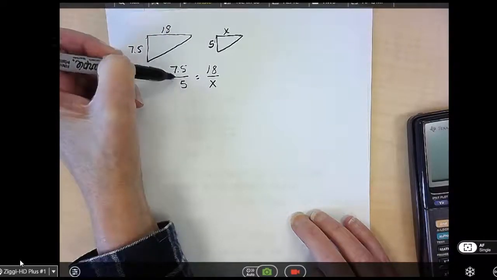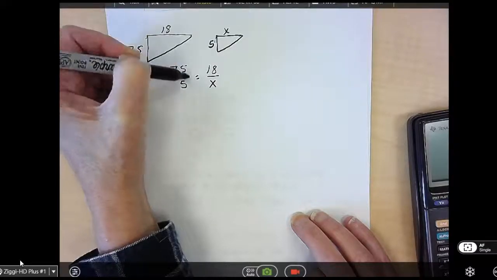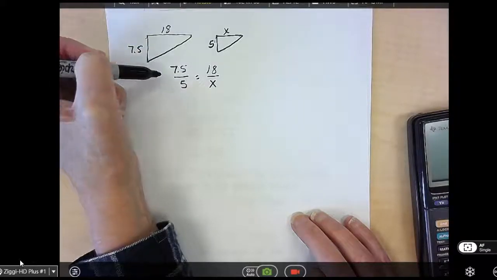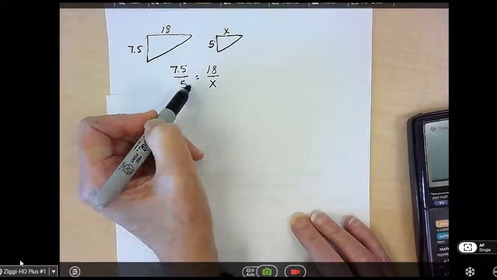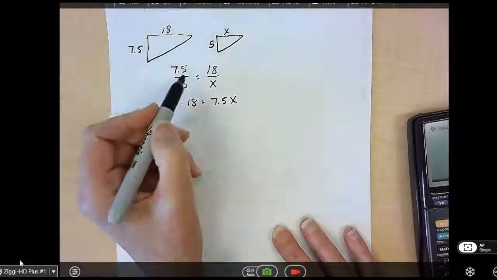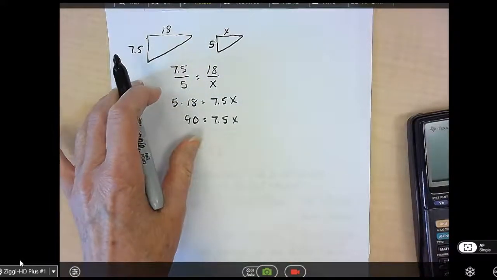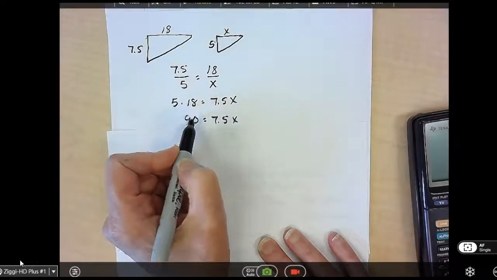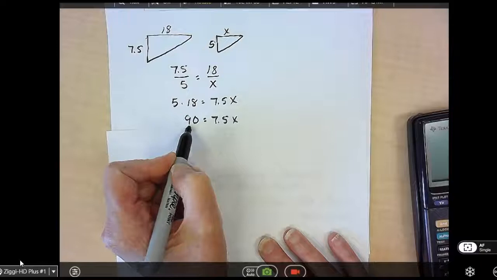This one is not as easy to simplify. Sometimes you can simplify these and help you solve much quicker, because then you can use equivalent fractions. This one, I'm not going to bother. I'm going to cross multiply. So 5 times 18 equals 7.5 times X. 5 times 8 is 40, 5 times 10 is 50, 40 plus 50 is 90.